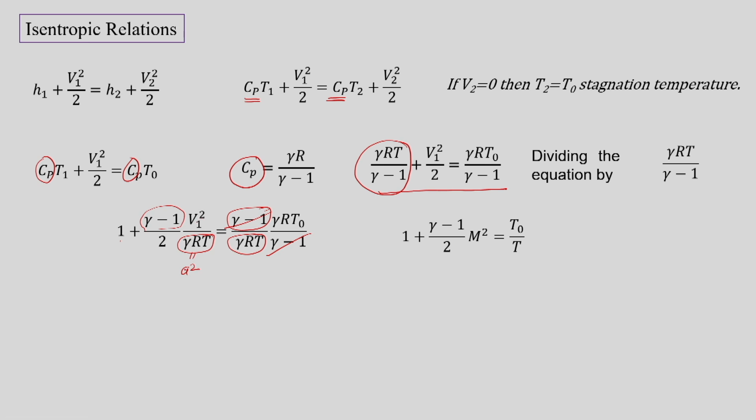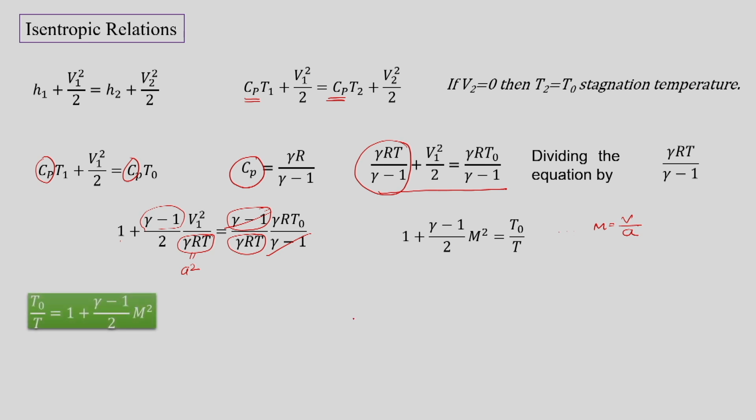So, V1 square upon A square is equal to M square, using the concept that Mach number is equal to the velocity of the fluid divided by the local speed of sound. So, this is the definition of Mach number.